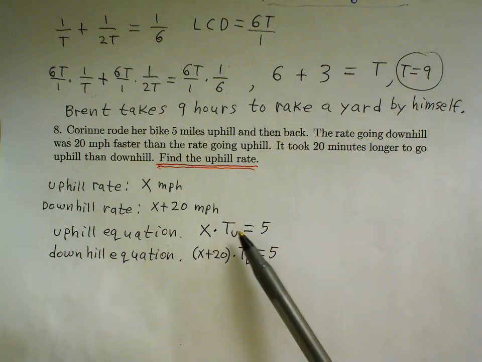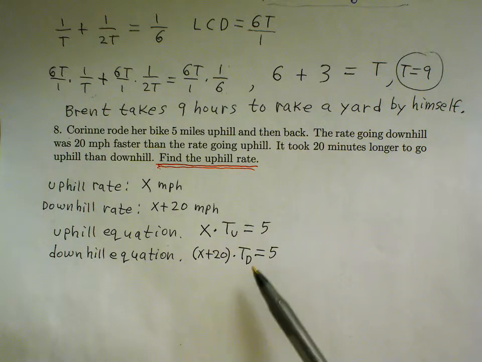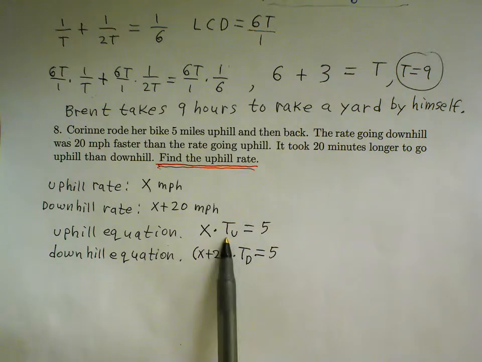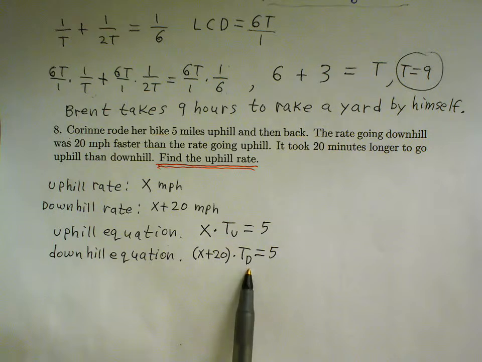Okay, so how does T sub U relate to T sub D? T sub U represents the amount of time it took to go uphill. T sub D represents the amount of time it took to go downhill.